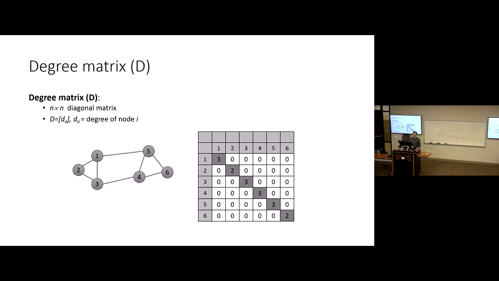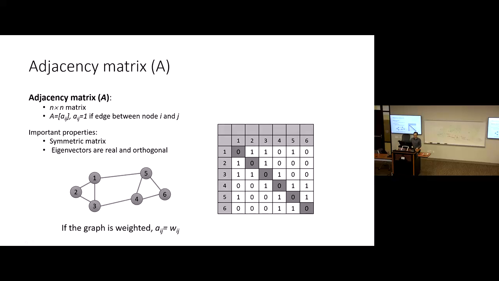So how can you compute the degree matrix? You can just sum the columns of your adjacency matrix. If you count, this is the first column of the adjacency matrix. The first node has 1, 2, 3 members, so you just put 3 in here. That's the degree for node 1.